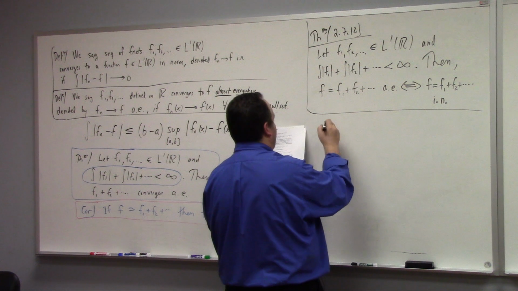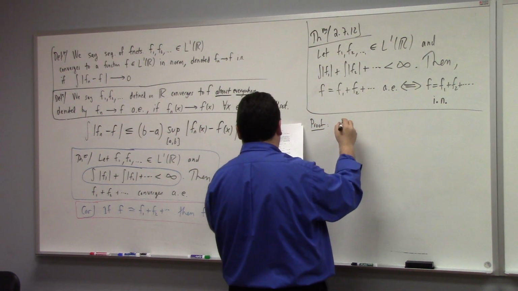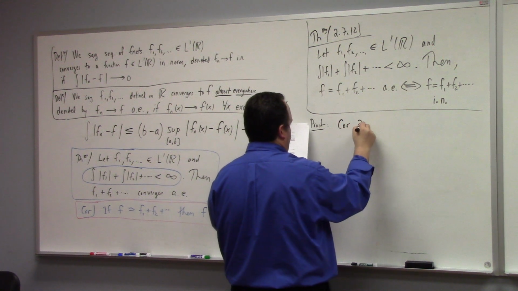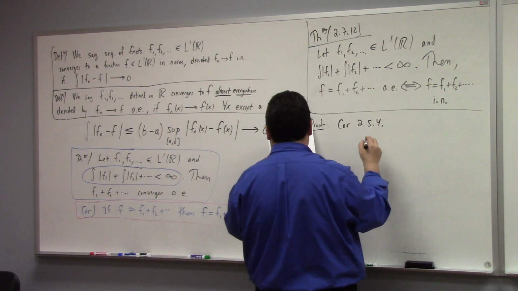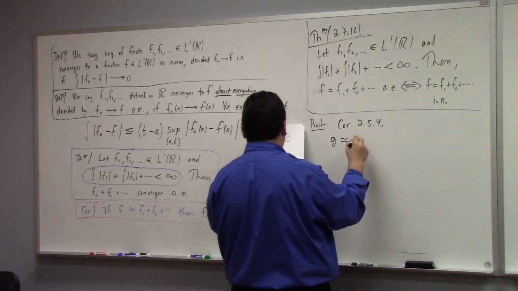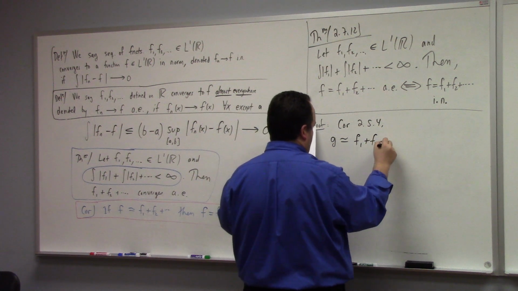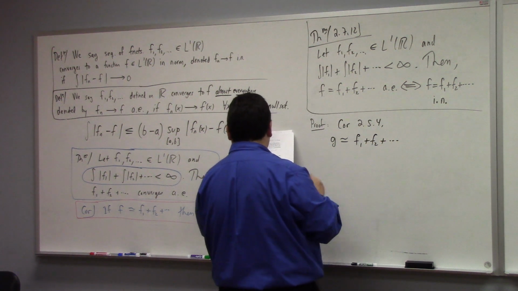Okay, so he's like, by corollary 2.54 again, you have G, which is represented by F1 plus F2, right?